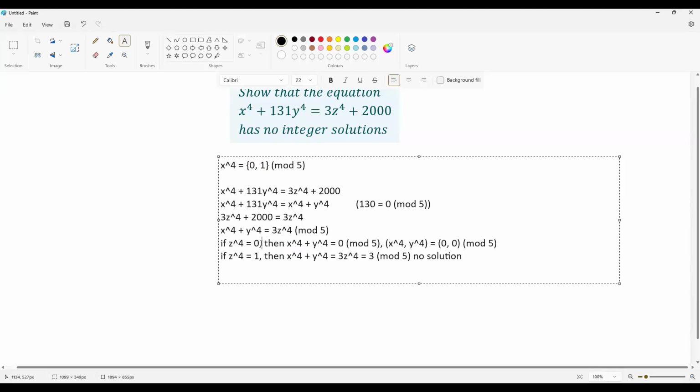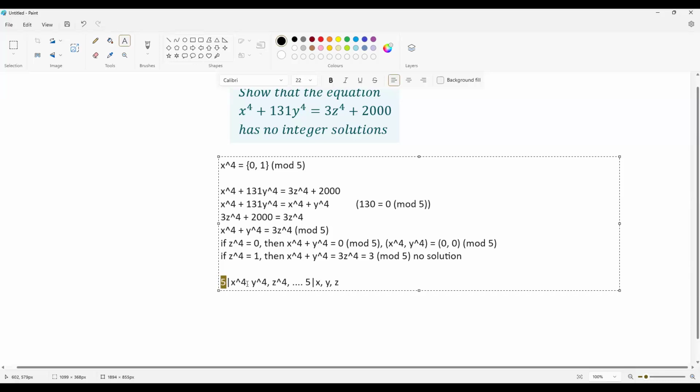So we have something, right? z to the 4 congruent to 0, x to the 4 congruent to 0, y to the 4 congruent to 0. So 5 divides x to the 4, y to the 4, and z to the 4. And that means 5 divides x and y and z, right?